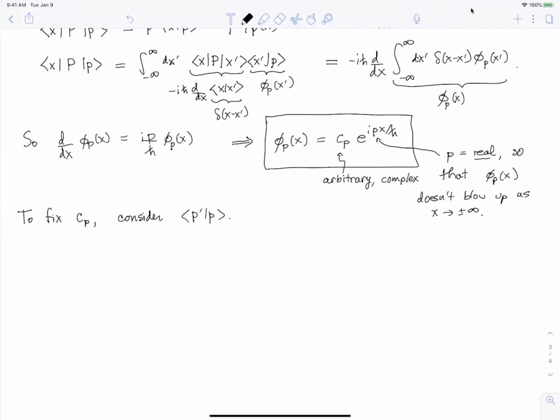As you would probably guess by now, that's going to be just imposing completeness, this time completeness in x. So we're going to do an integral over all x, take our inner product, insert |x><x|. Okay, so this is completeness in x.